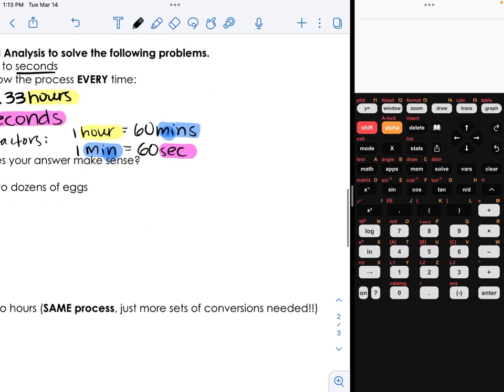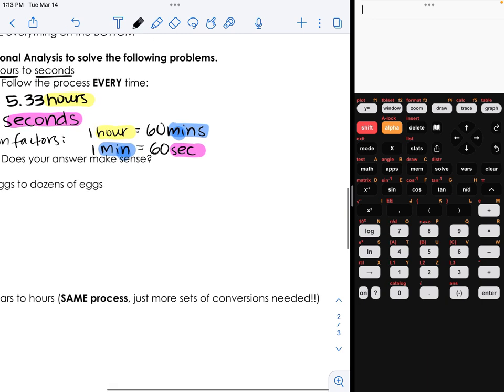I'm going to zoom in a little bit here. So we start with our starting point. We're just going to put that out into space, 5.33 hours. We're imagining that this number is on the top, okay? We always start with a number on the top. Then we set up these cool bracket things that are so common in dimensional analysis. This is where we put a single conversion factor. And we want to organize that conversion factor so that we can cancel out the units that we started with, the hours.